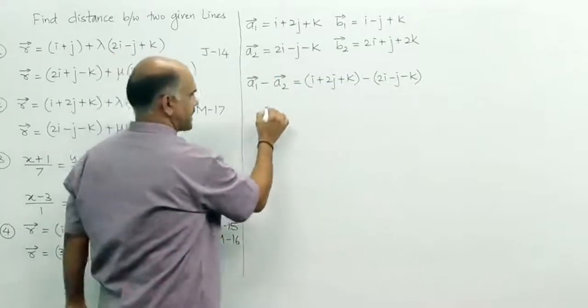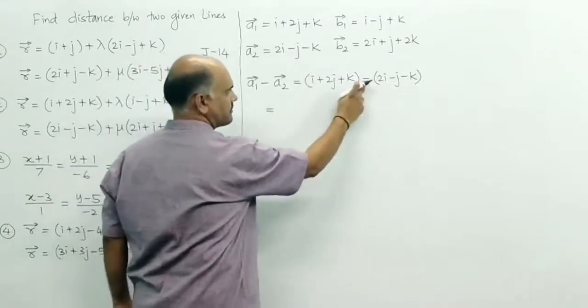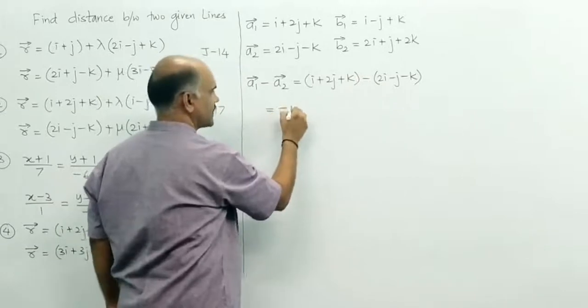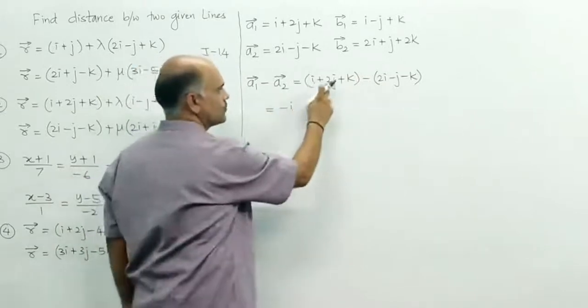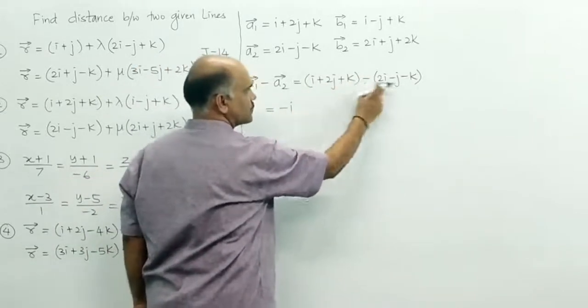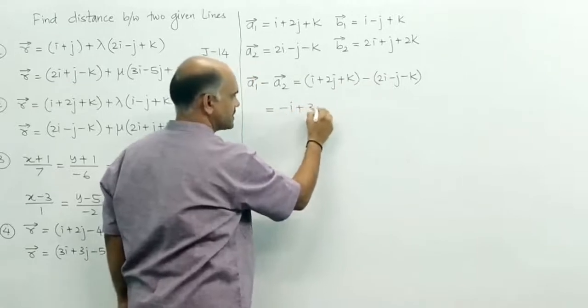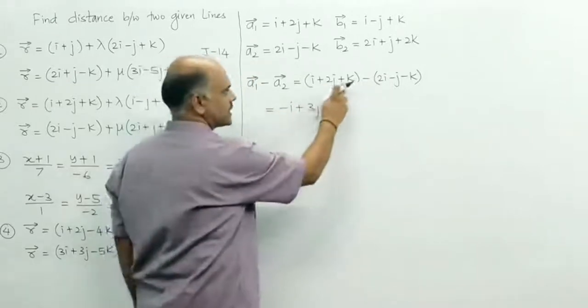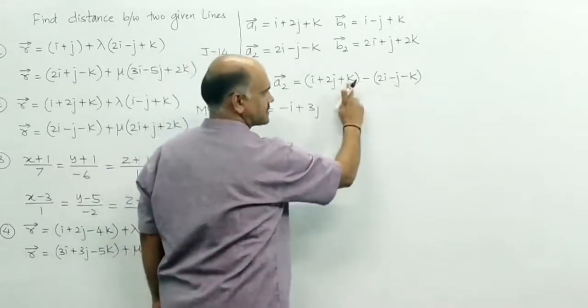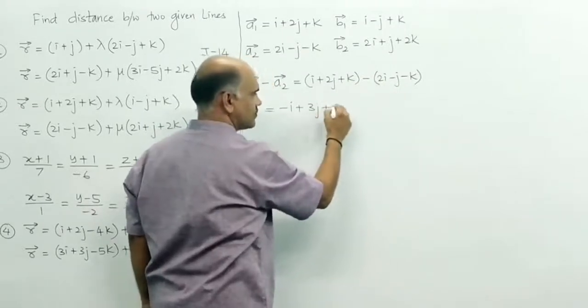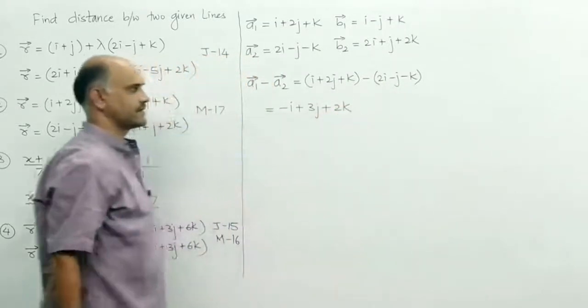If I subtract this, 1 minus 2 is minus i; 2 minus of minus is plus, 2 plus 1 will be 3j; k minus of minus is plus, so k plus k you will have 2k. This is a1 minus a2.